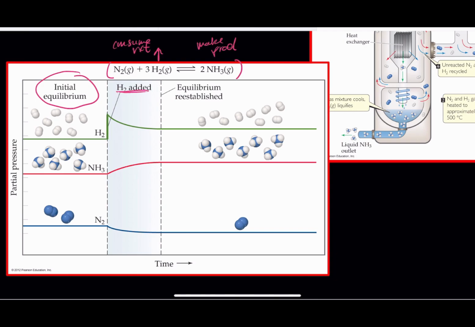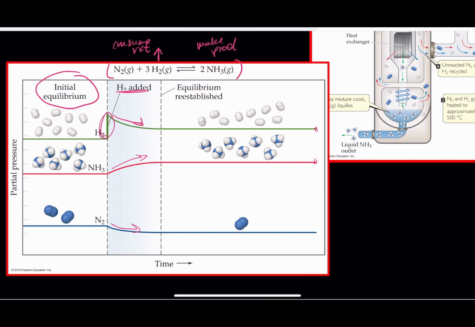You'll see in the graph that we initially have this bump because we added that, but then it goes down because we consume it. The nitrogen also has to go down because we consume the nitrogen in conjunction with the hydrogen, and we produce a little bit of NH3.